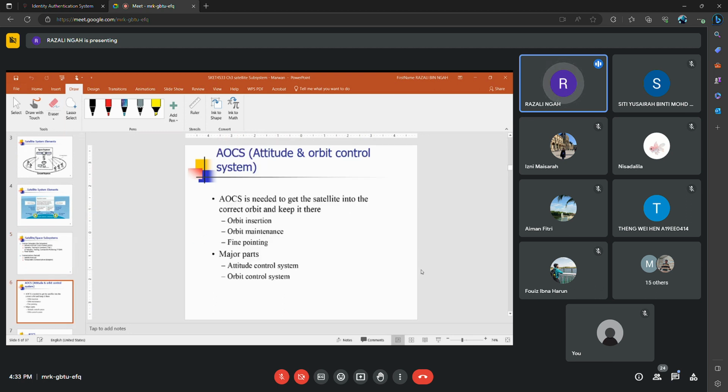So for the attitude and orbit control system, attitude is different from what we said before in the first part.